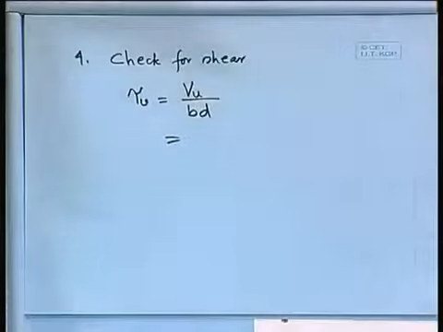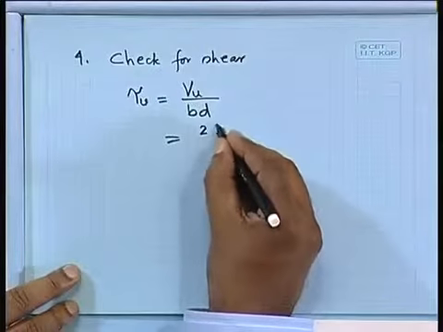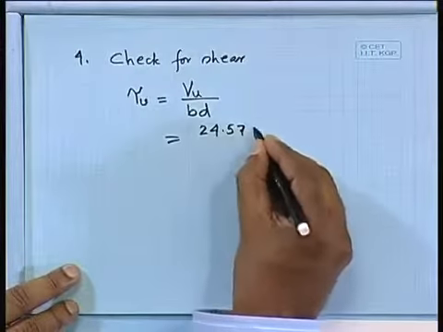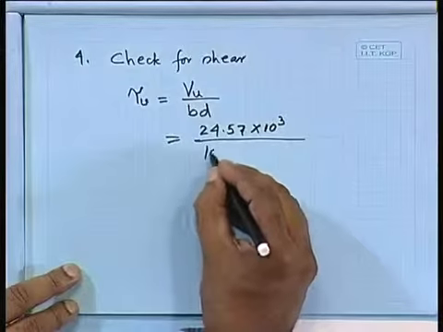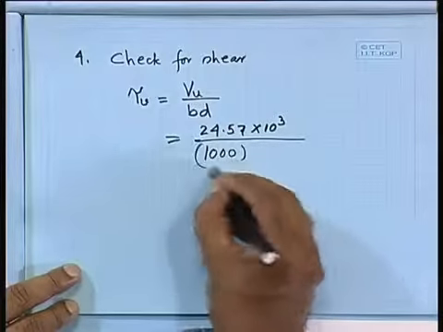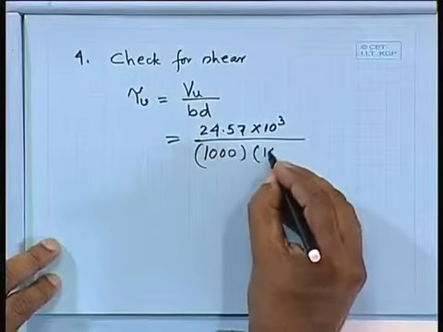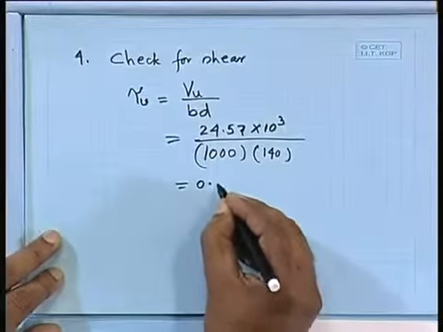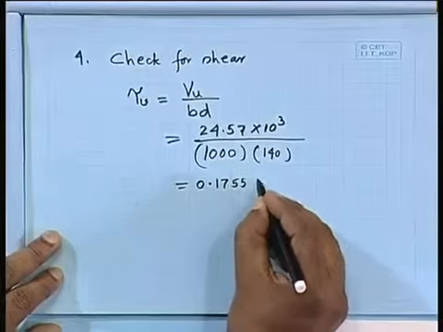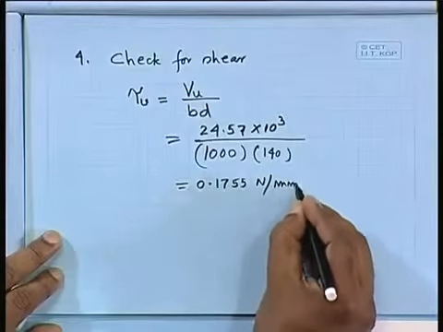So 24.57 into 10 to the power 3 Newton divided by b 1000 times d 140, which comes as 0.1755 Newton per square millimeter.